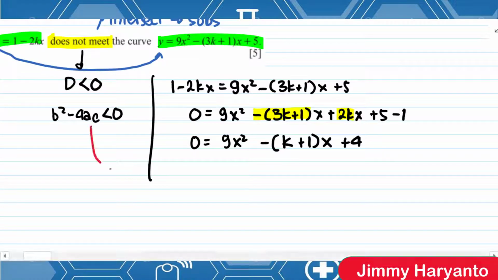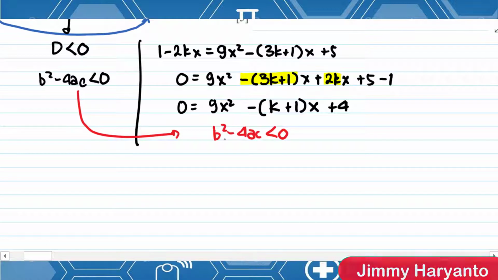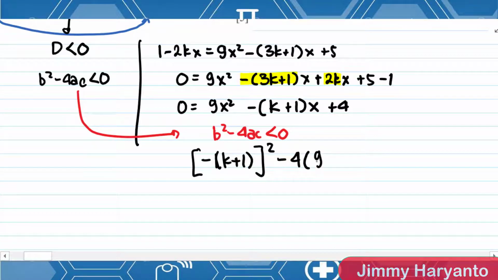After that, we can use this formula. So b squared minus 4ac less than 0, because the question says does not meet. So the b squared is negative k plus 1 and then squared, minus 4 times a is 9, c is 4, less than 0.